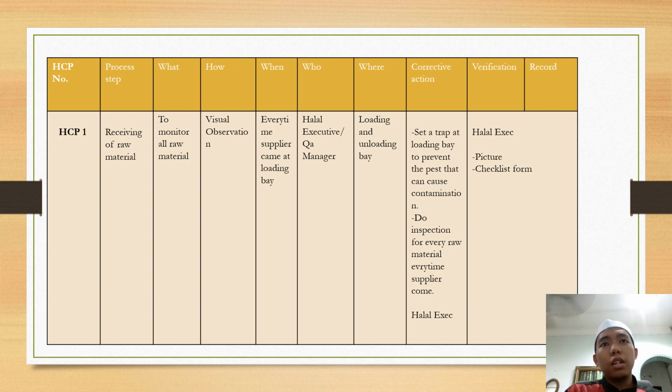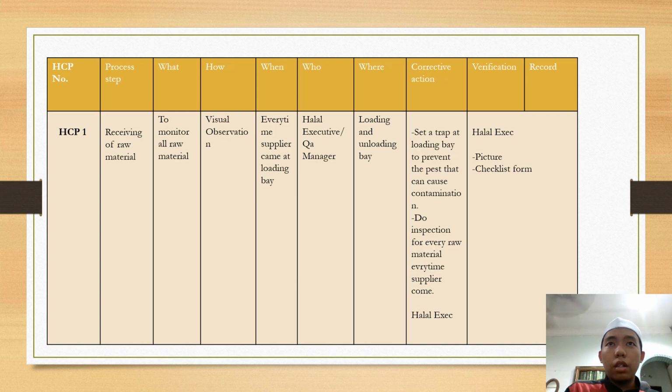He observes visually, because this visual observation works more to ensure the quality of raw material is halal. So how does the halal executive monitor? The halal executive monitors every time a supplier comes at the loading bay.